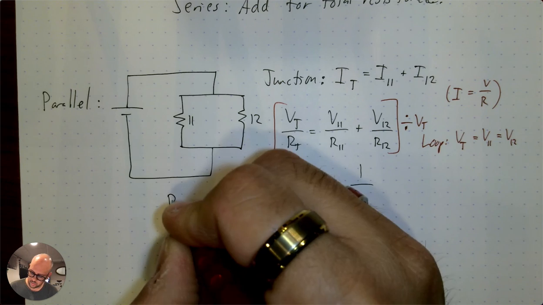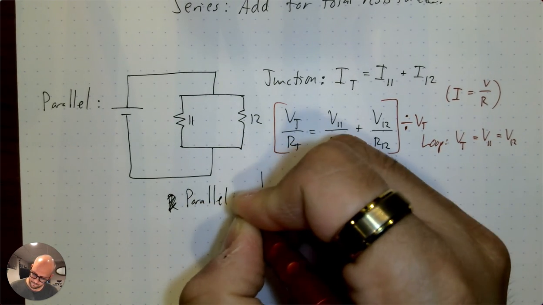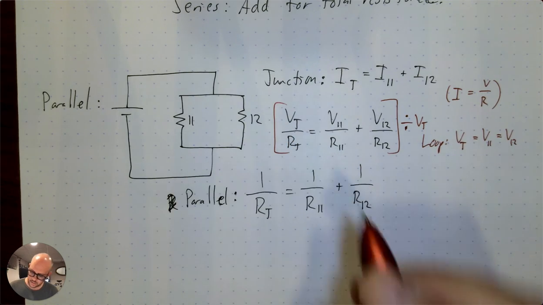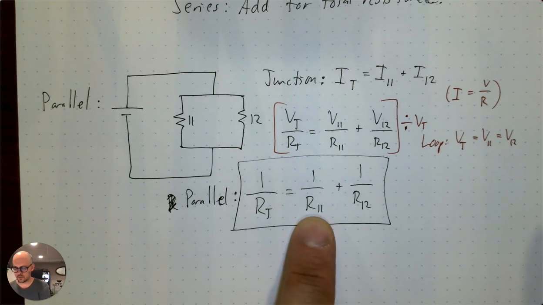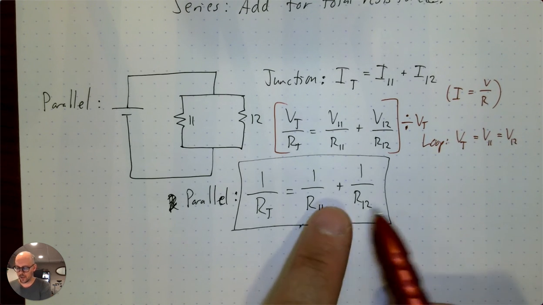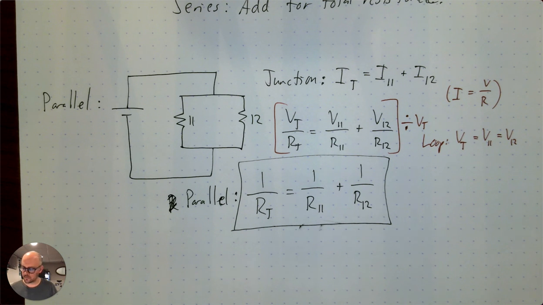This is how parallel circuits work. To get the total resistance, you have to take the reciprocal of each resistor, add their reciprocals together, and then take the reciprocal of the result. And it has the effect that the more things you put in parallel, the lower the resistance is.